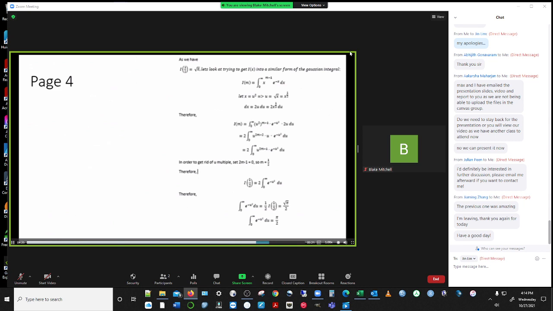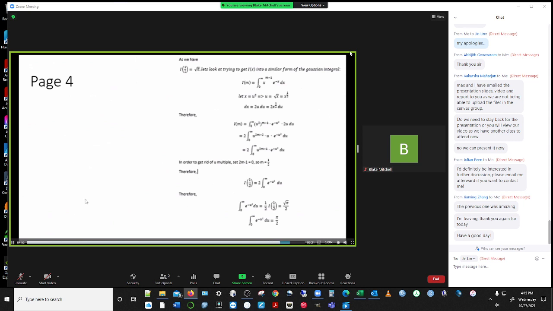We can therefore sub these into our first equation to get I of m equals the integral between 0 and infinity of u squared to the power of m minus 1 times e to the power of minus u squared times 2u du. After moving the 2 to the front of the integral and multiplying the u's, we get 2 times the integral of the function u to the power of 2m minus 1 times e to the power of minus u squared du.